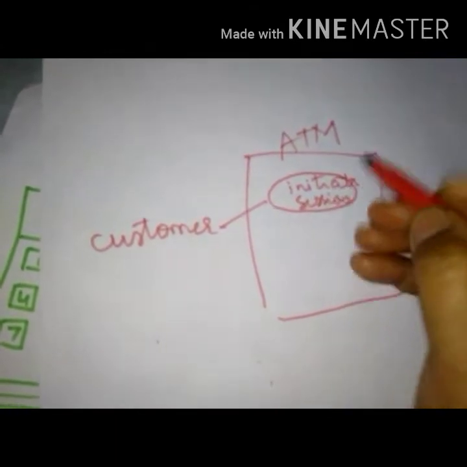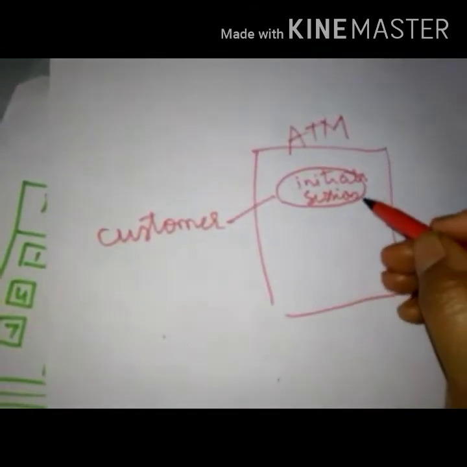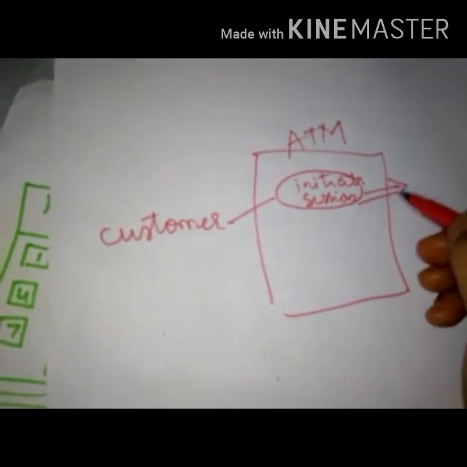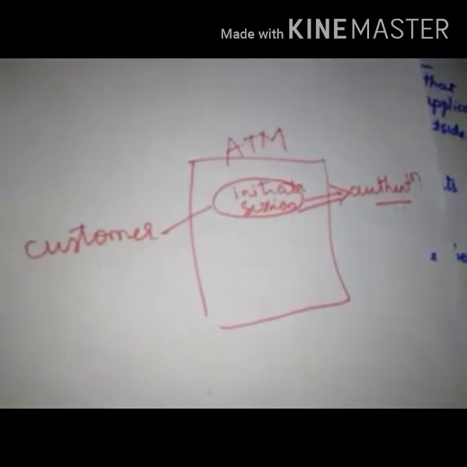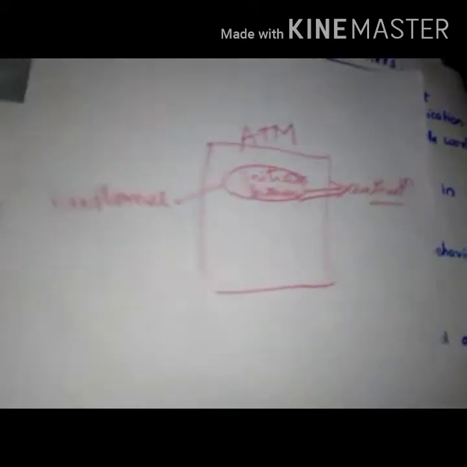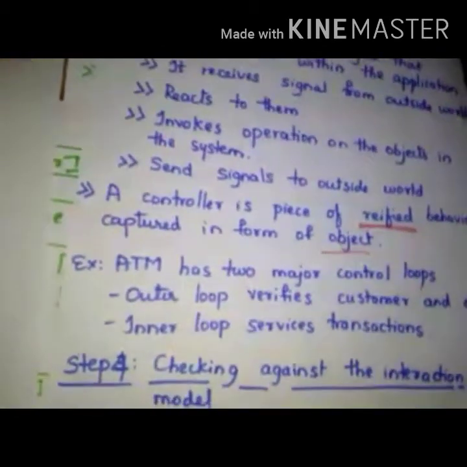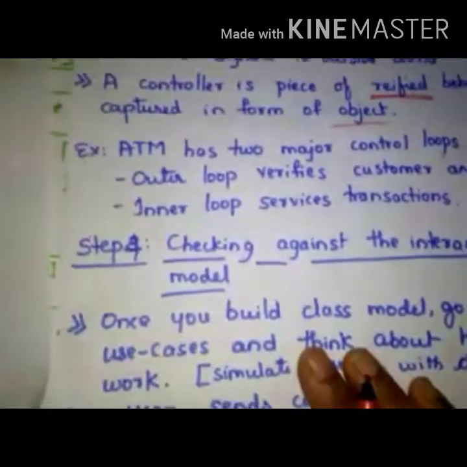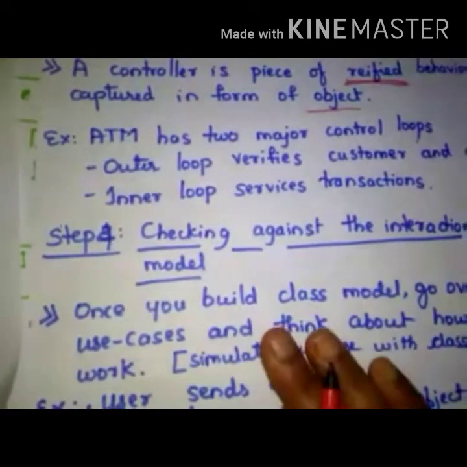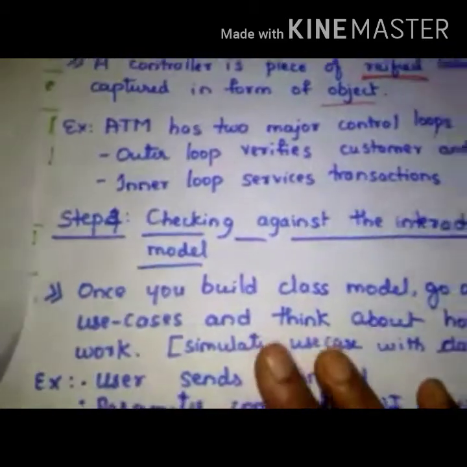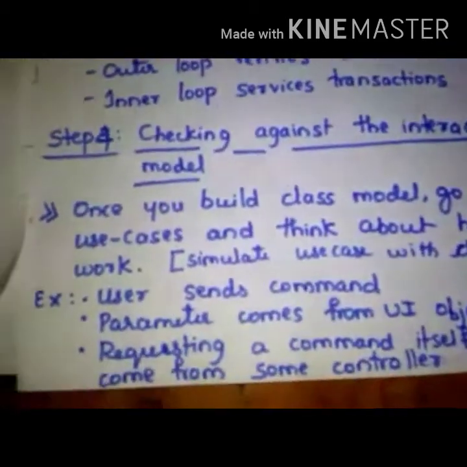Now this initiate session is responsible for the authentication, right? So I need to check here against the interaction model, finding out whether I have implemented that particular operation in my class, so that I can avoid the inconsistencies.